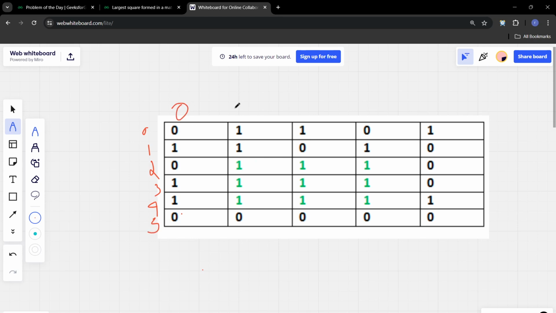Same here, one, two, three, four, five, six. Suppose this is zero, don't check this one. Suppose let's take any two indices, 4 and 3, 4 comma 3. If we take 4 comma 3, now what will happen? This index, right?